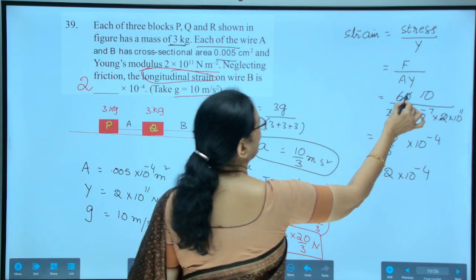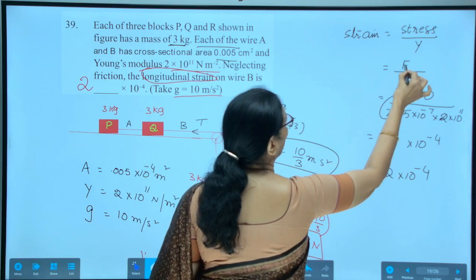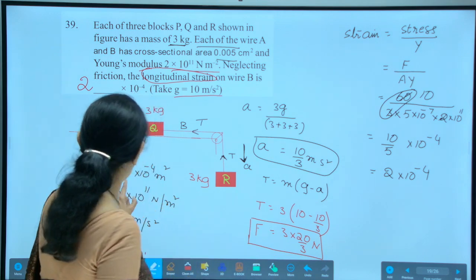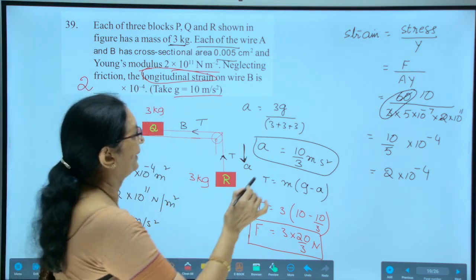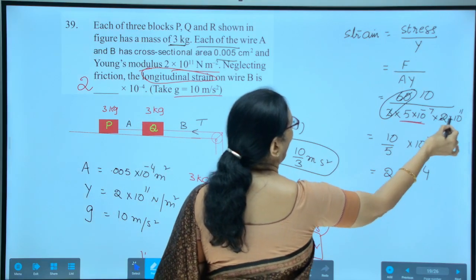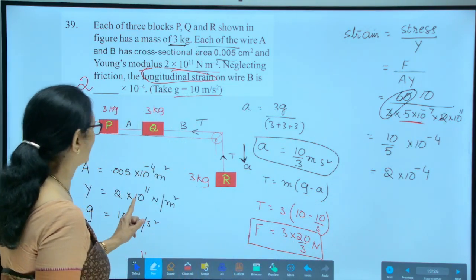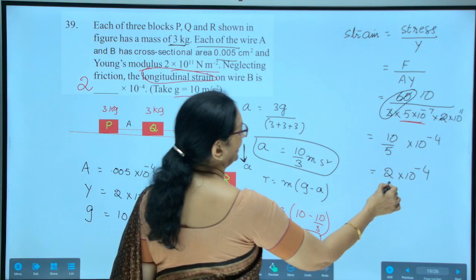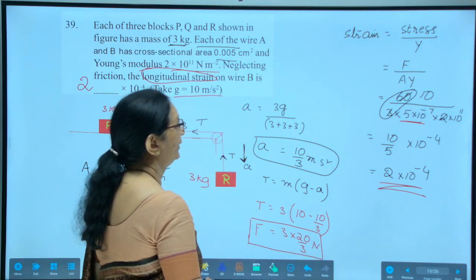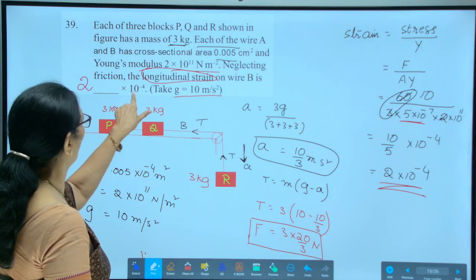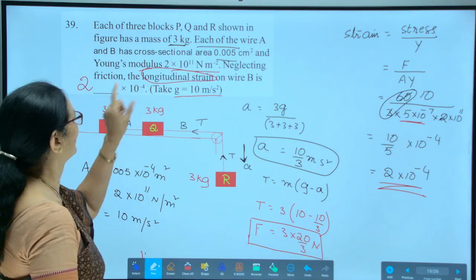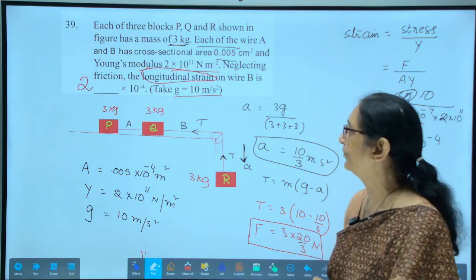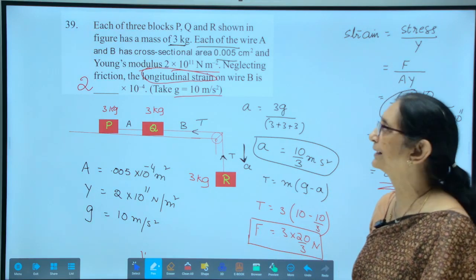So I have substituted 60 by 3 in place of F, and A is given as 5 into 10 to the power of minus 7, and Y is given as 2 into 10 to the power of 11. On simplification, we got it as 2 into 10 to the power of minus 4. So longitudinal strain is something multiplied by 10 power minus 4. So the numerical value is 2.